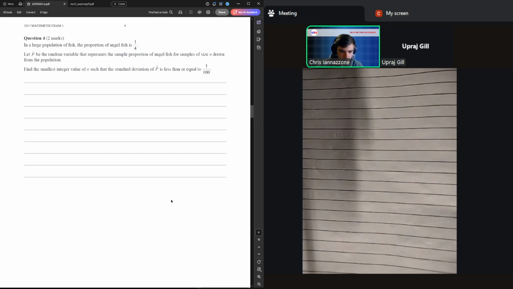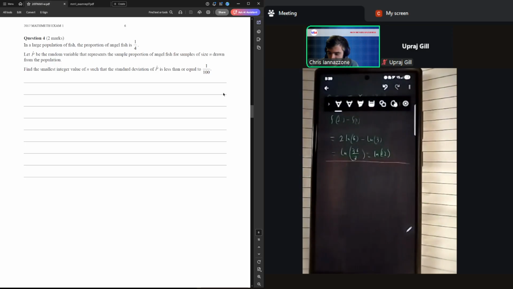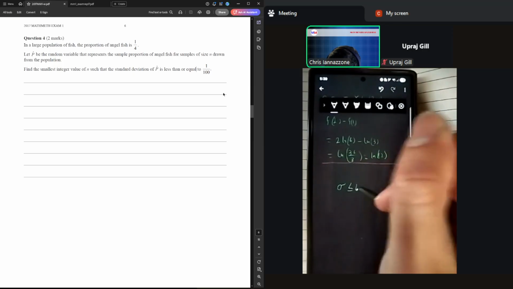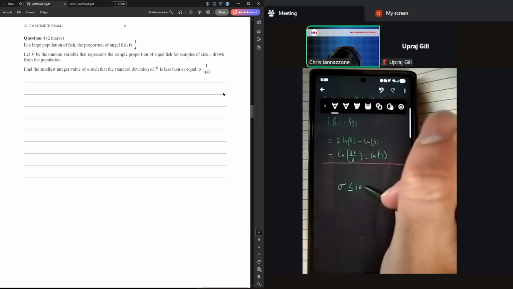So I guess the first thing was identifying that as soon as you see p hat, proportions, keywords like that, p hat definitely is going to tell you it's sampling and estimation. It says we want standard deviation less than or equal to 1 in 100.